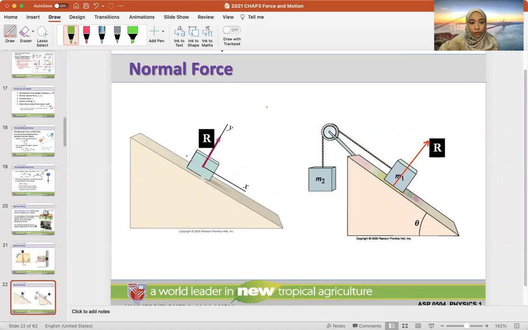And then if you have an object on a plane, so if you have an object on this thing, the contact is here, the angle should be 90 degrees. That is your reaction force. Tak kisah dia bersambung dengan apa pun, asalkan ada contact, you will have that reaction force.